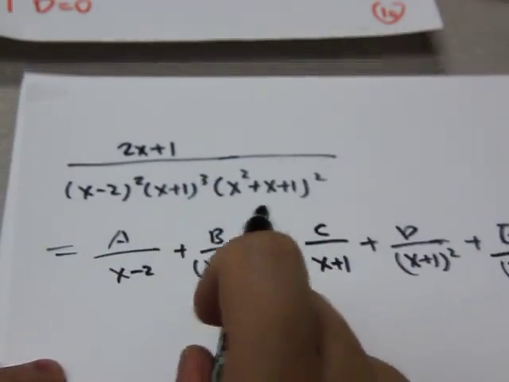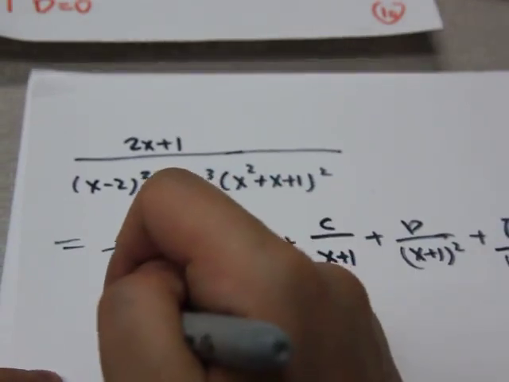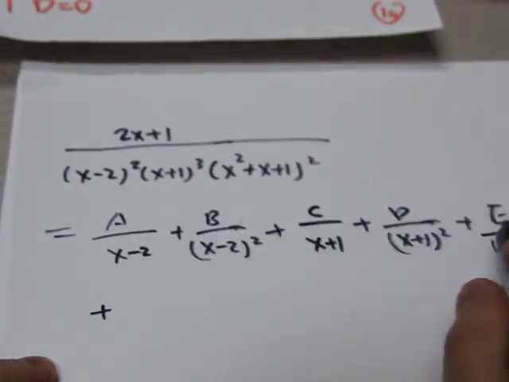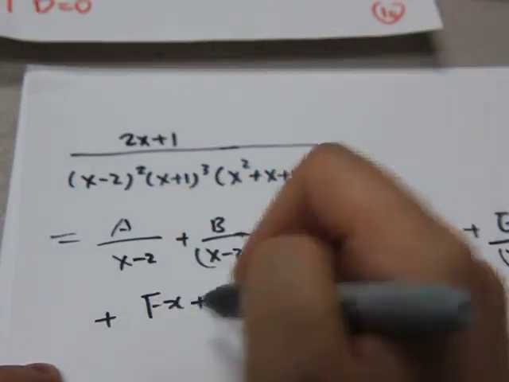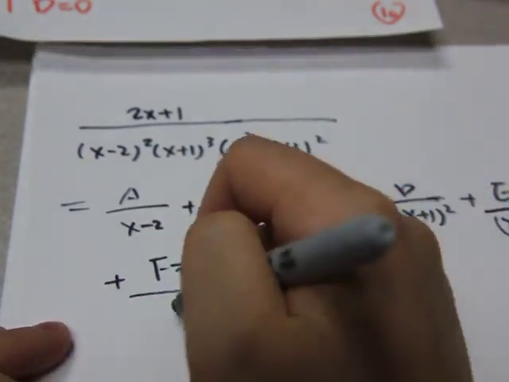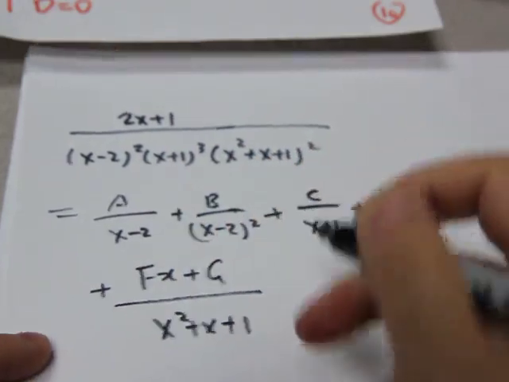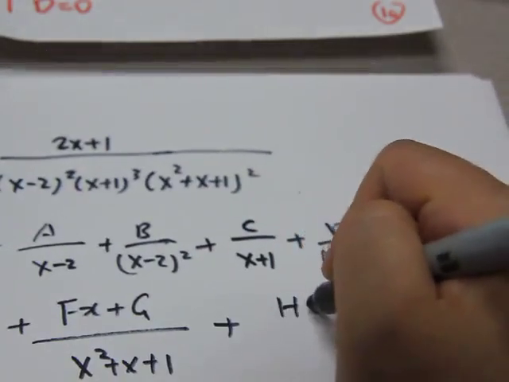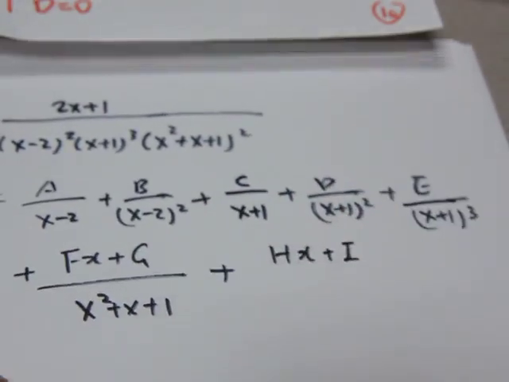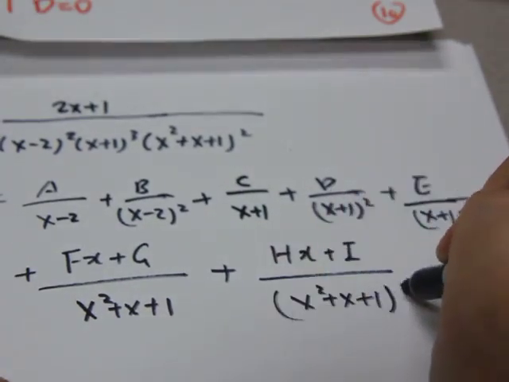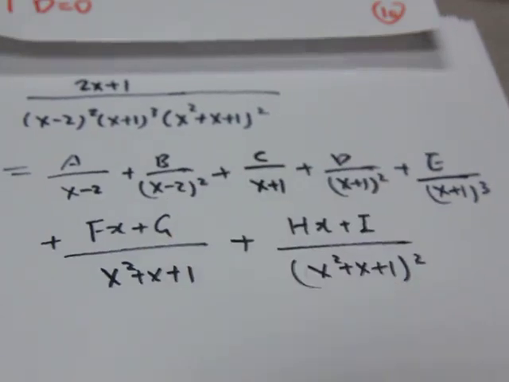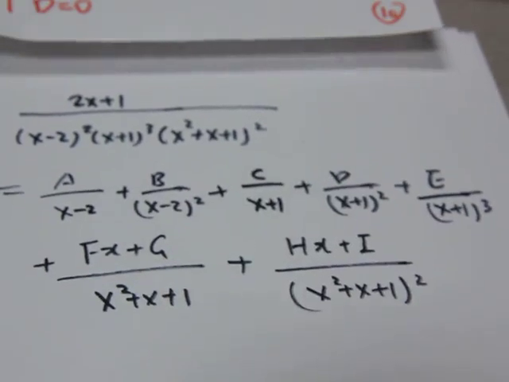And for this quadratic factor, we need fx plus g over x squared plus x plus 1, plus hx plus i over (x squared plus x plus 1) squared, right? So we need these fractions when we do the partial fractions.